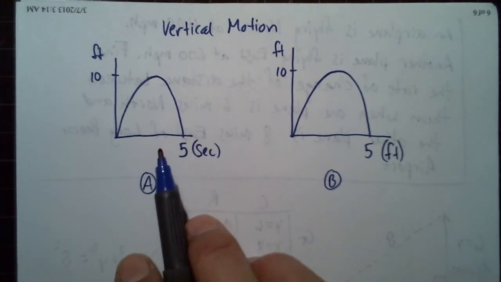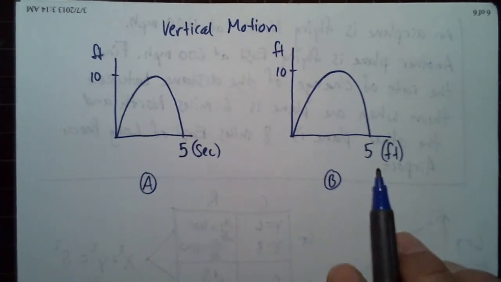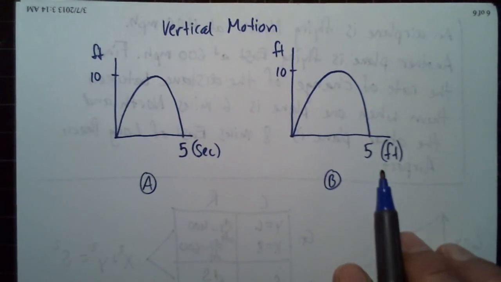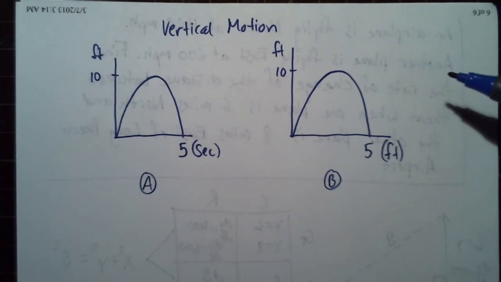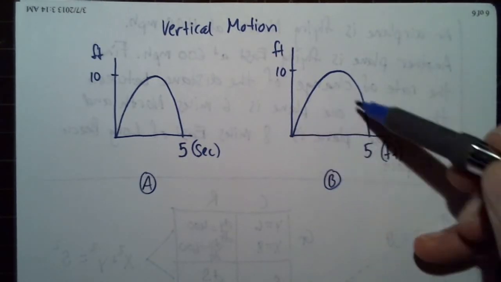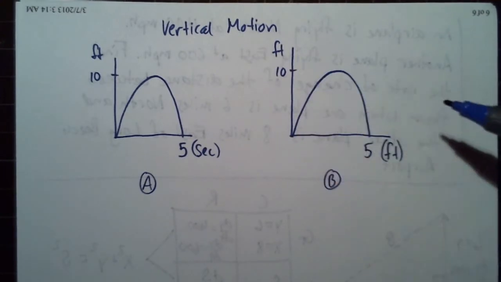Now, this is the type of graph that we'll be working with in vertical motion problems. We won't be working with this because this shows horizontal and vertical motion. The object is actually moving horizontally because it moved 5 feet horizontally and 10 feet vertically.